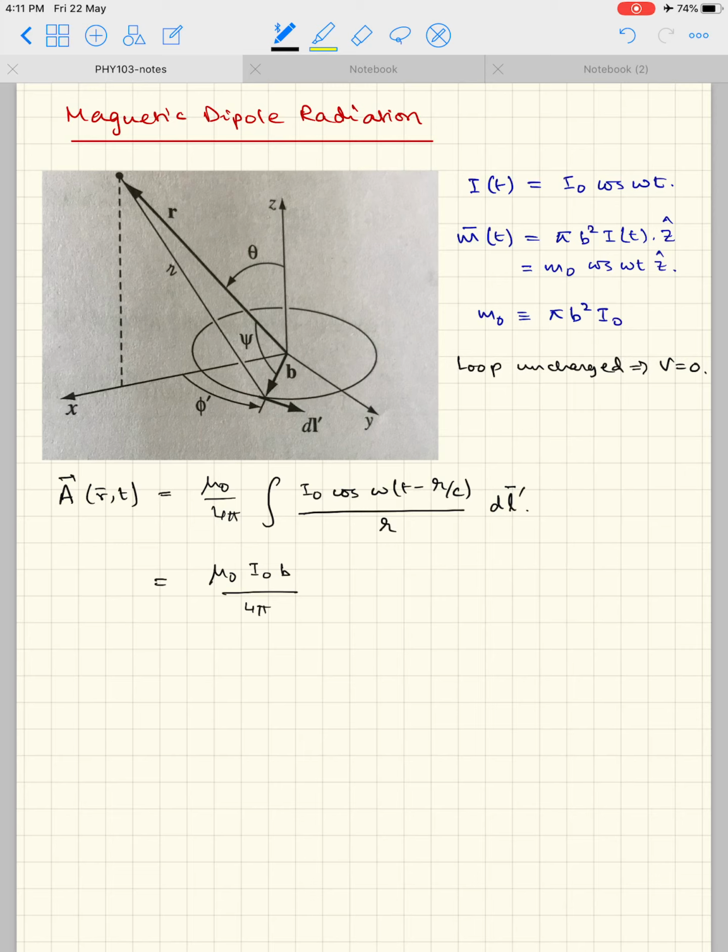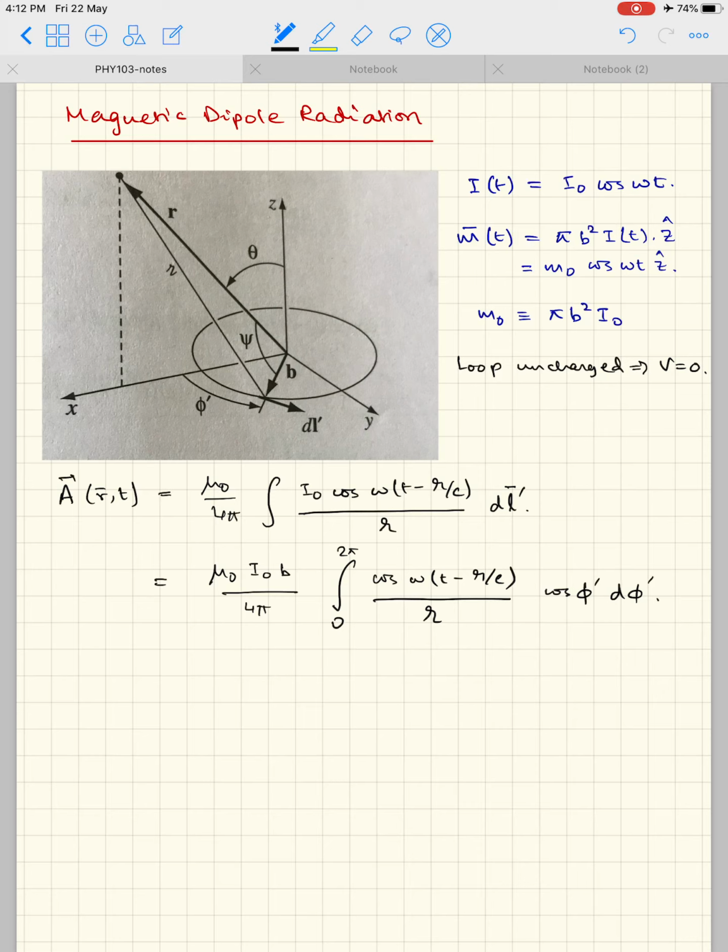integral from 0 to 2 pi of cosine of omega (t minus r over c) by r, cosine of phi primed d phi primed, where phi primed, as you can see in the figure, is just the way this has been written out.